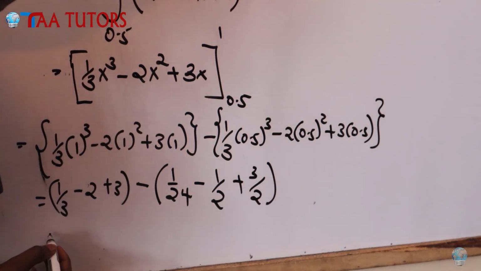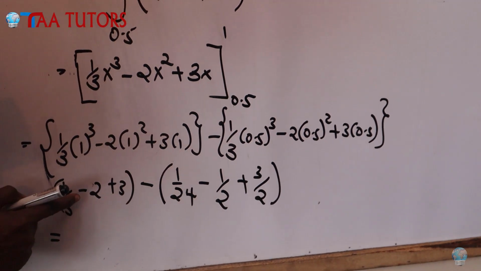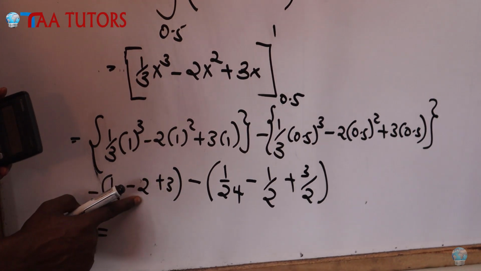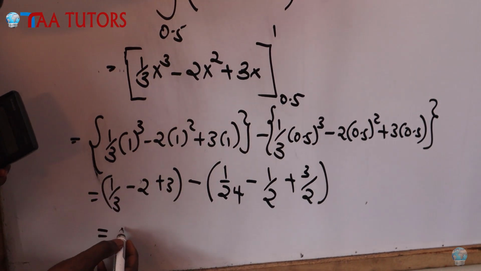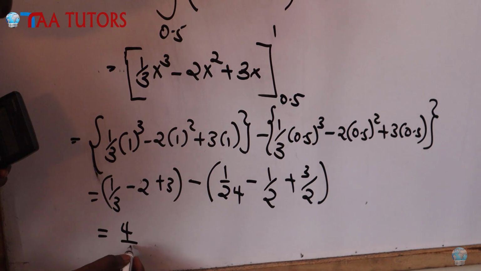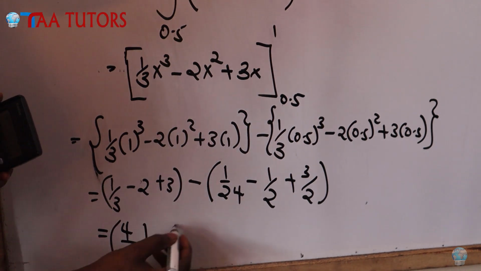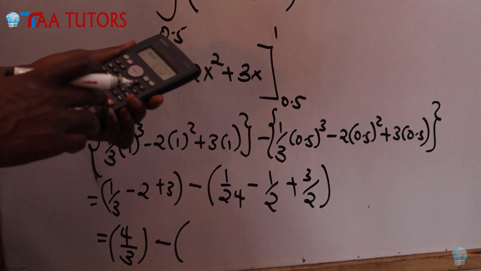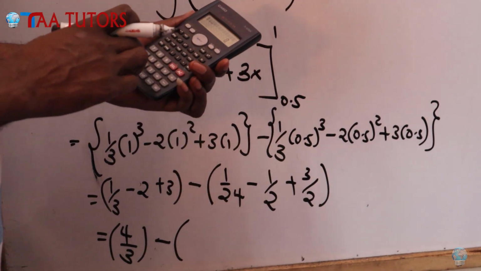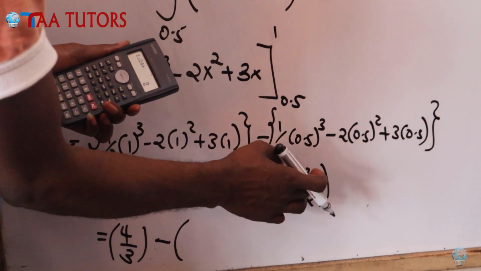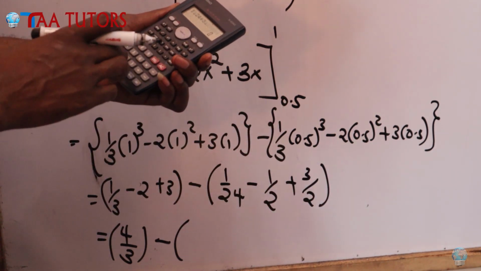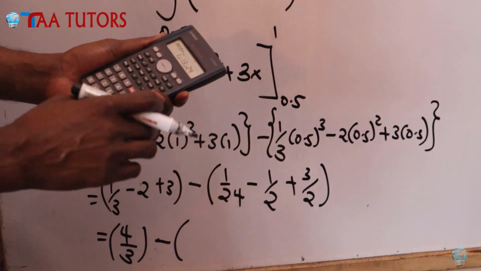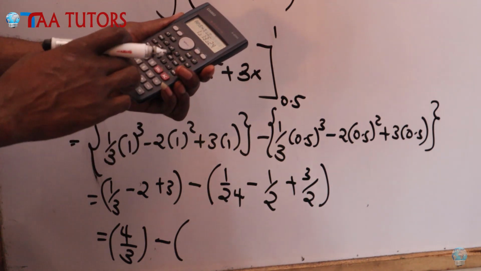So you realize that this is 3 minus 2 is 1, plus a third is 1 and a third, which is the same as 4 over 3 here, minus here we have 1 over 24 plus 3 over 2 minus a half.